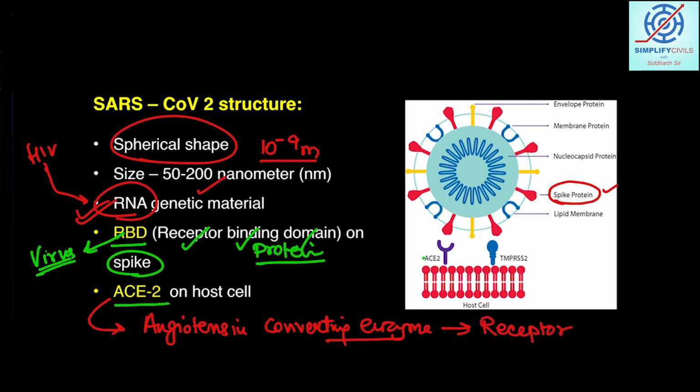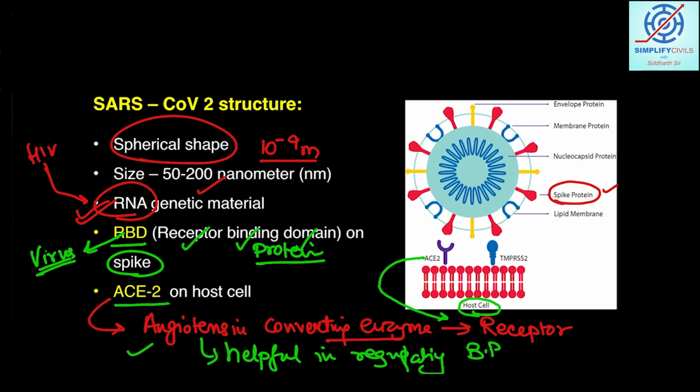So here we can say that the host cell, the person who will be infected by the virus, has some receptors, and these receptors bind to angiotensin converting enzyme. They are helpful in regulating blood pressure basically.